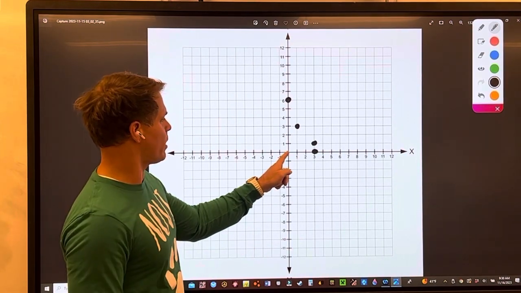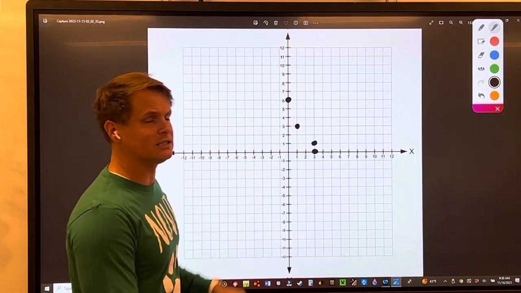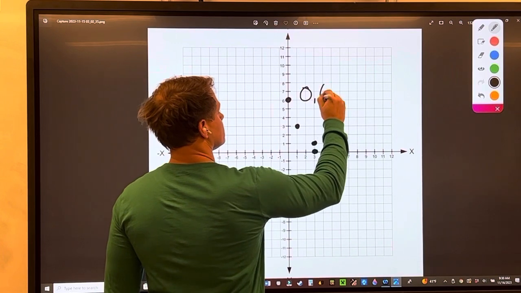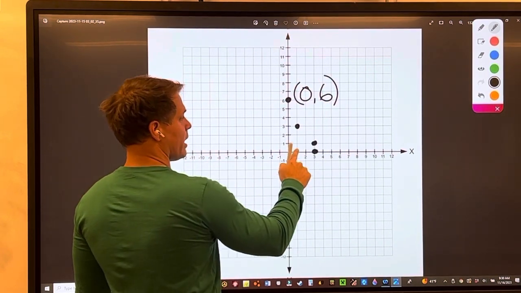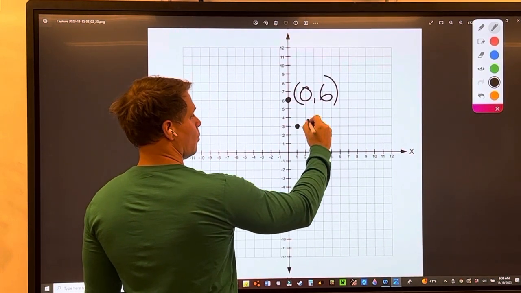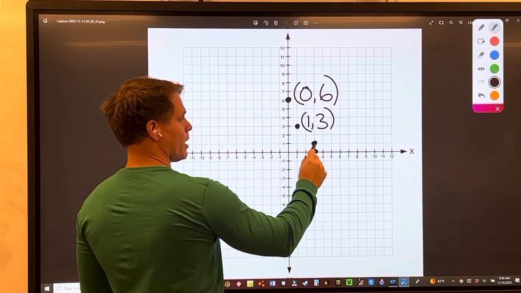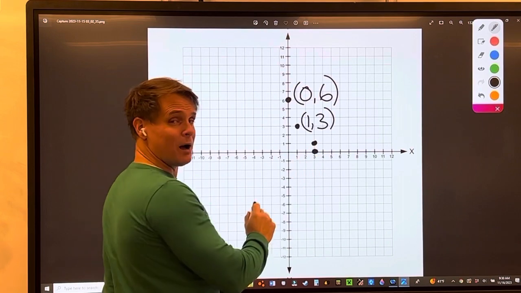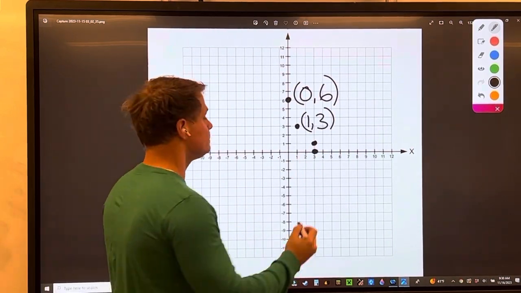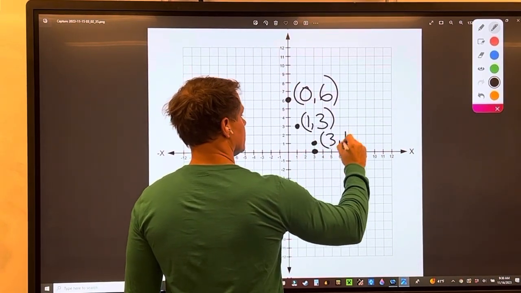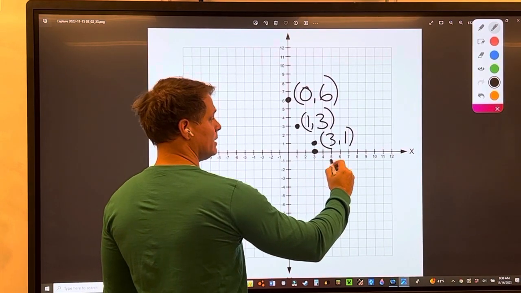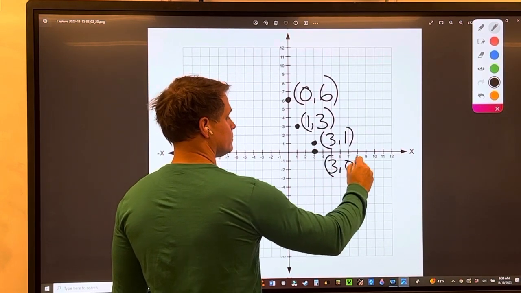So this coordinate right here, for this point is 0, 6. This one right here is 1, 3. This point right here, the one on the top, is 3, 1. And then the one on the bottom is 3, 0.